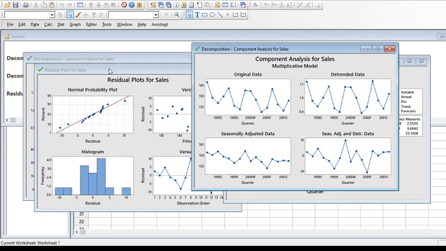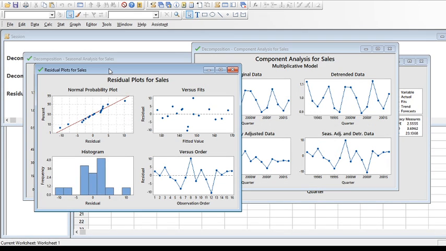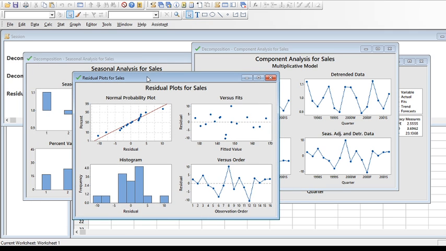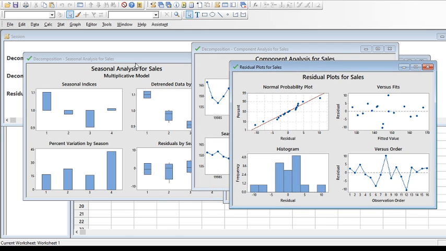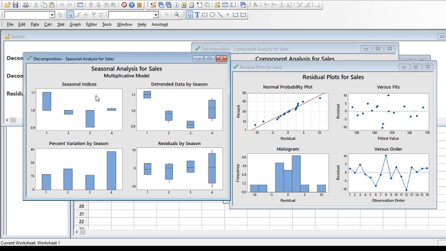So this is the normality plot of residuals, right? The assumption is that the residuals in regression should be normally distributed. We are not getting into that, we have already discussed it. So these are the seasonal indices, right? I've got four seasonal indices: winter, summer, spring and fall, and this is how the variation of the indices happens.